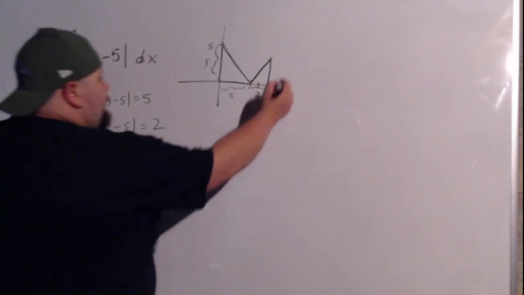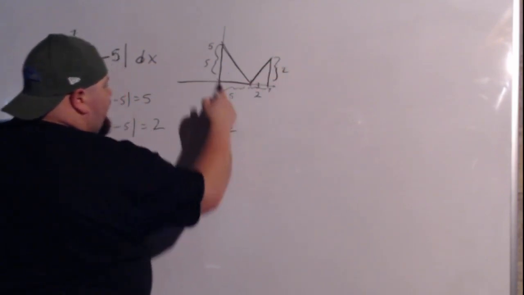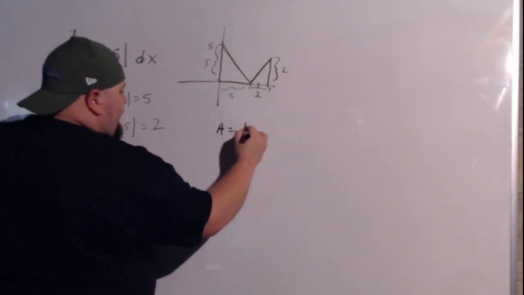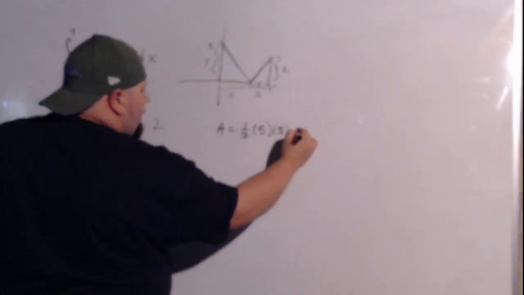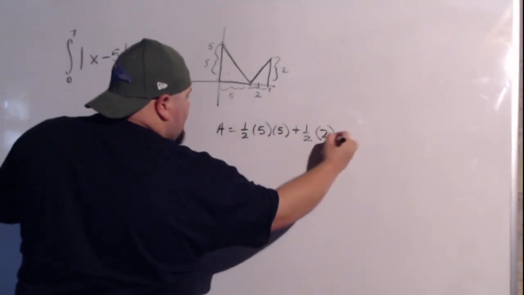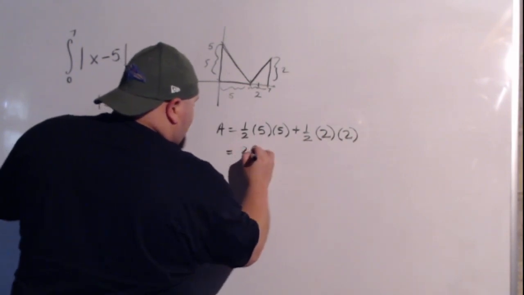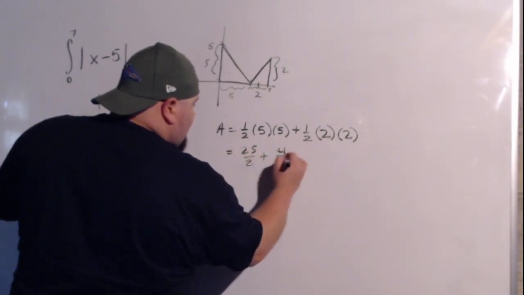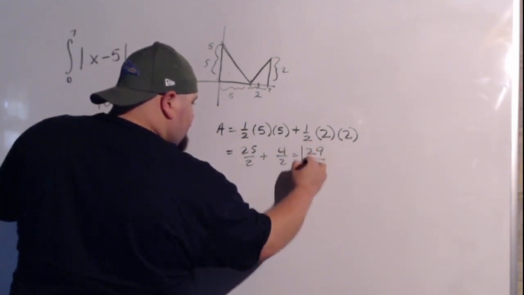So the total area is the area of this triangle, which is 1/2 its base times its height, plus 1/2 the triangle for this, which is base times height. So 25 halves plus 4 halves is 29 halves.